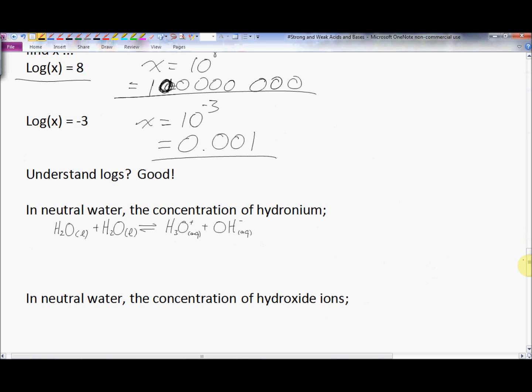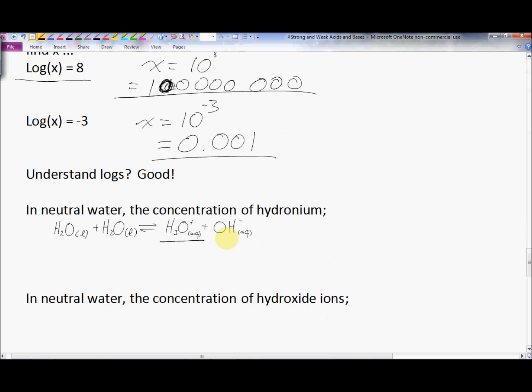In neutral water, the concentration of hydronium, remember this is the hydronium ion right there, is made up like so. Water is in an equilibrium type of condition. Water and water get together and form a hydronium and a hydroxide when they bang into each other and ionize.